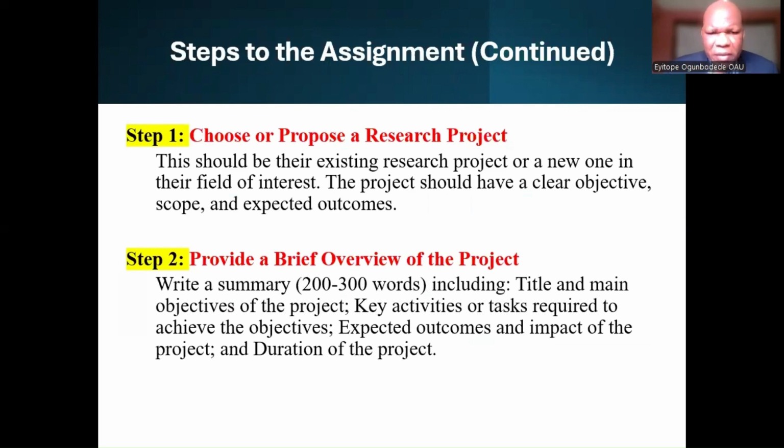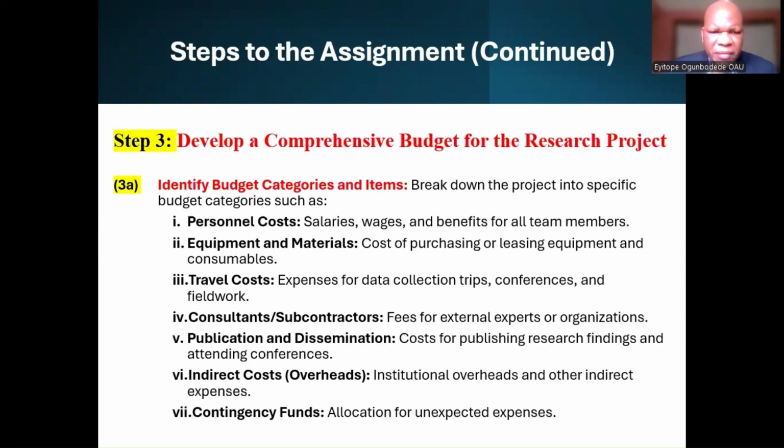That is, write a summary of a maximum of 300 words, including the title and main objectives of the project, the key activities or tasks required to achieve the objectives, the expected outcomes and impact of the project, and the duration of the project.